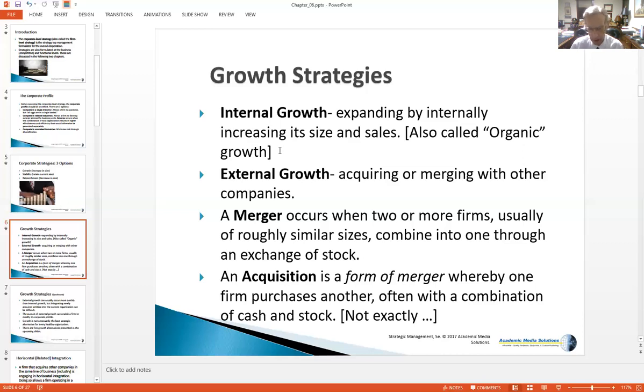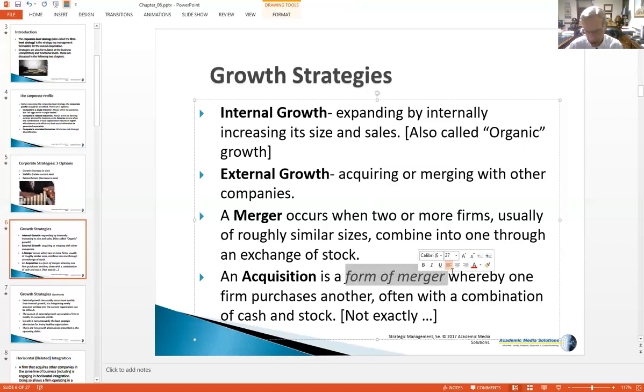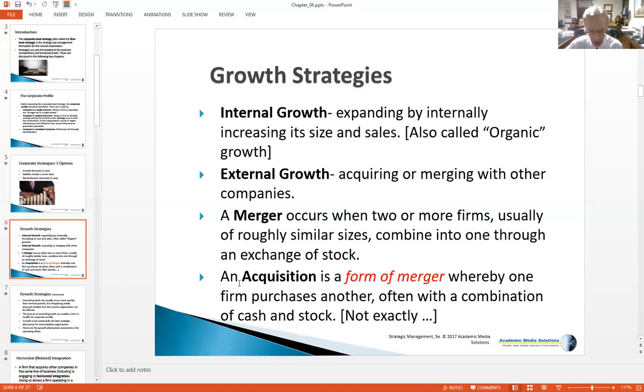And finally, an acquisition. It is not a form of merger. This is a mistake. It's just not that. An acquisition is a separate means of growth all by itself, and as John mentions, one firm purchases another.